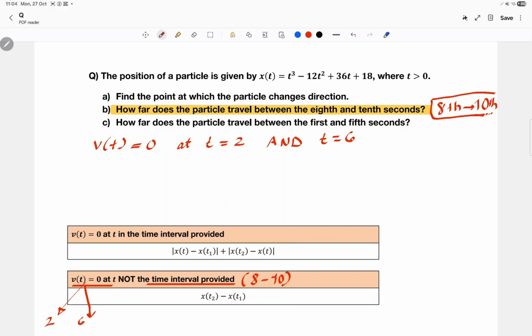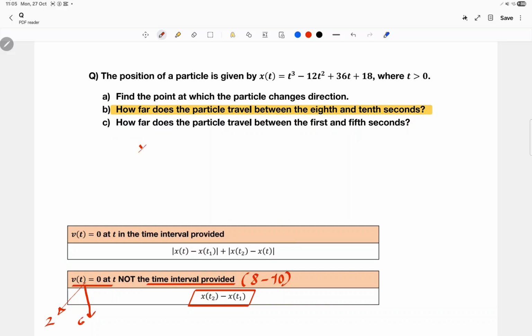So if that's the case, it basically means that we have to use this equation, which is the simpler version of things. Now, let me show you how that's going to be done with this equation. So we will just say x at the time of 10 minus x at the time of 8. That means you must go back and replace every single time here with a 10, apply the equation, minus replace every single time here with an 8, and apply the equation.